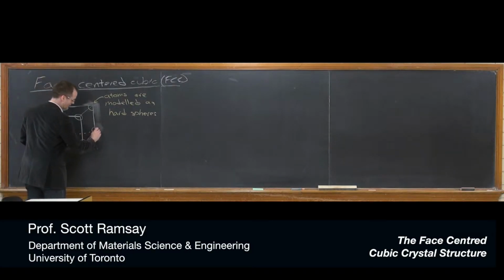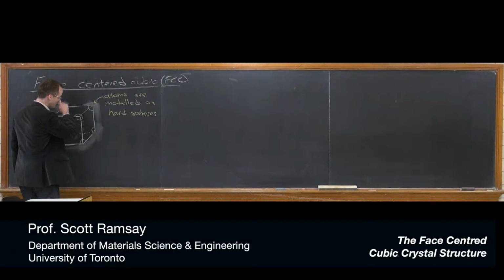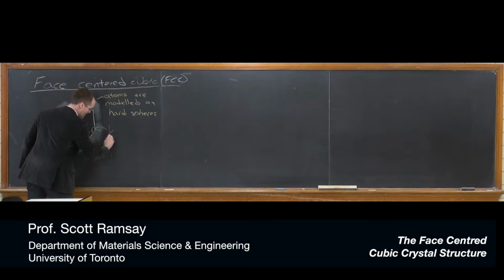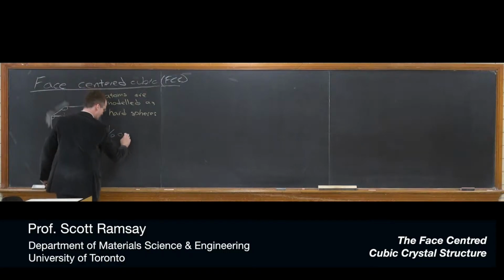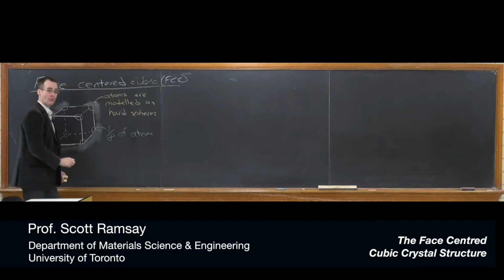So what fraction of an atom do we have at each corner? Well, if we've sliced it this way, you may be able to see that we've actually got 1/8 of an atom at each corner.